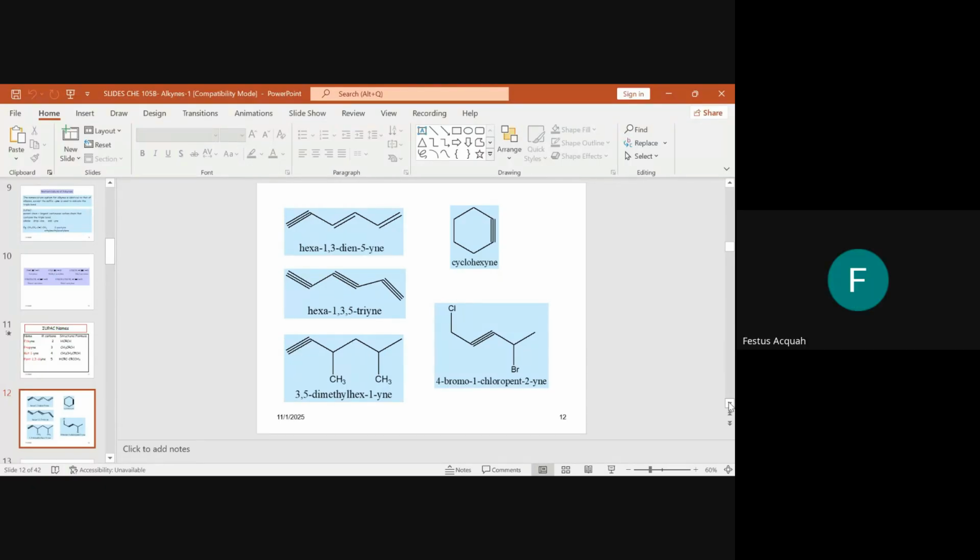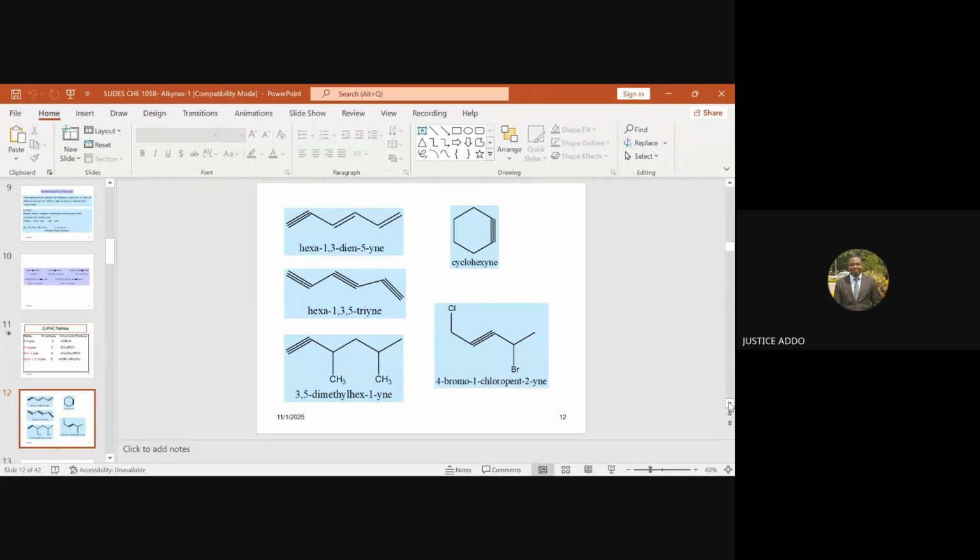Please, let me ask this question. Can there be a situation, what I'm seeing on the screen, where you have the triple bond and then a double bond at the same time? There can be that situation. That is what you rarely see on the board. Now, when you have a double bond and a triple bond, note that the triple bond takes precedence over the double bond.